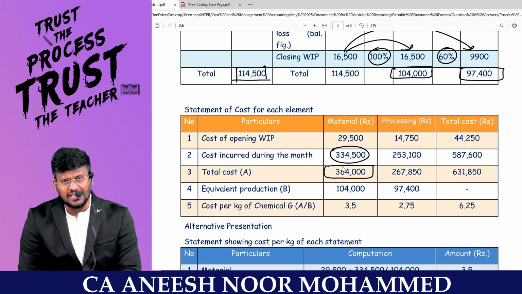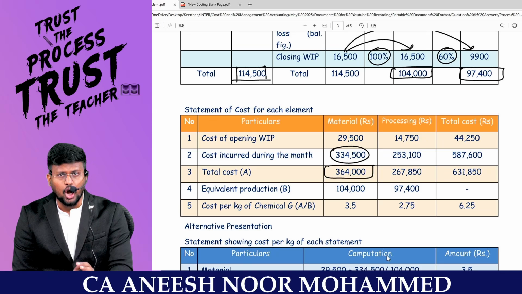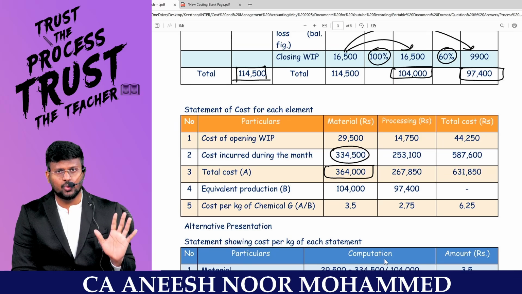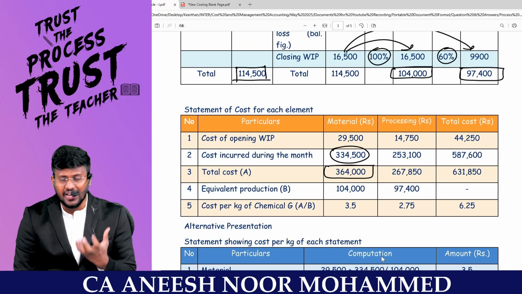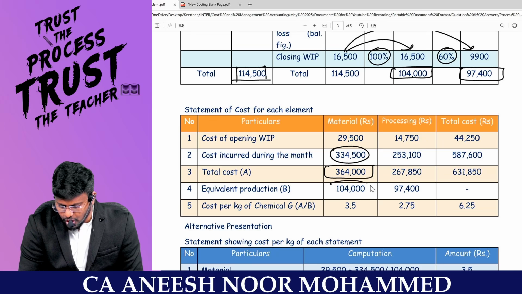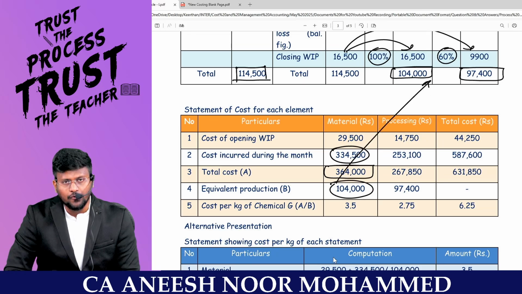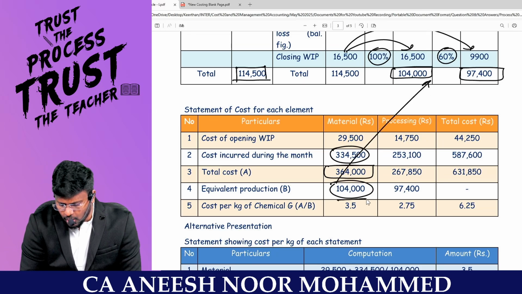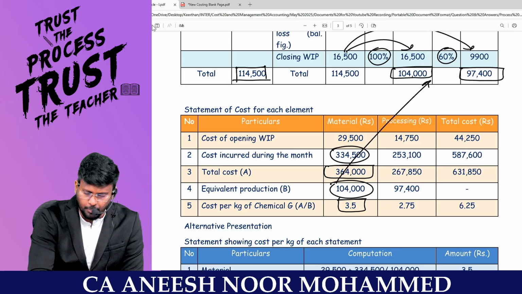This 3,64,000 is not all for the completed units, right? So there is a concept of equivalent units. How many units of equivalent production? 1,04,000. So for every completed unit, you have incurred 3.5 rupees as the cost.